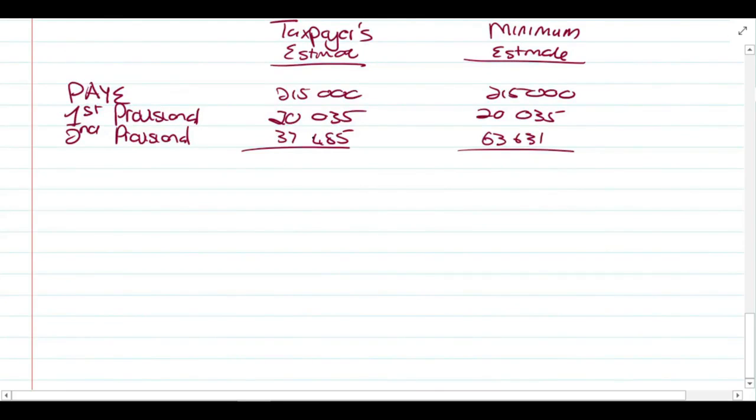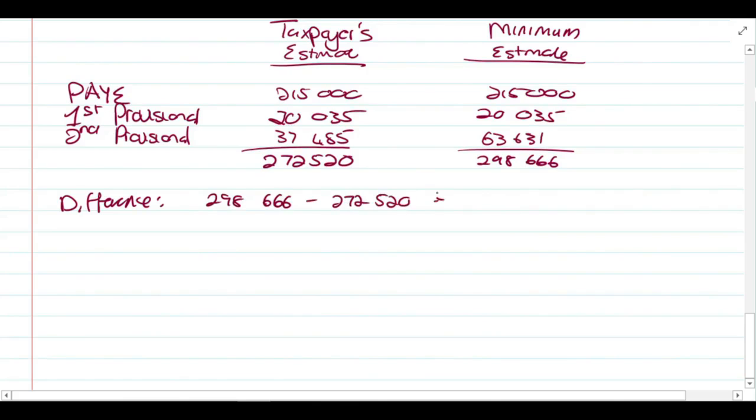Okay, so the total for this, if I add it all up, is 272,520, and 298,666. So the difference between those two is 298,666 minus 272,520, which is 26,146.